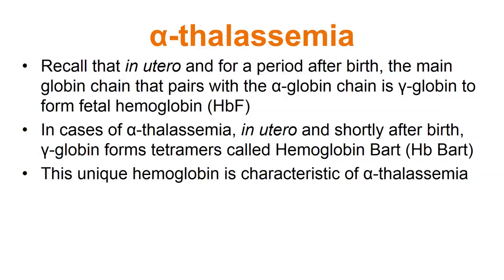Once again, it's kind of a pseudo hemoglobin molecule, but it's unique. Hemoglobin Bart's is unique to alpha thalassemia, and it's a tetramer of that gamma globin chain that's present in fetuses and shortly after birth. Unique hemoglobin that you'll see there.